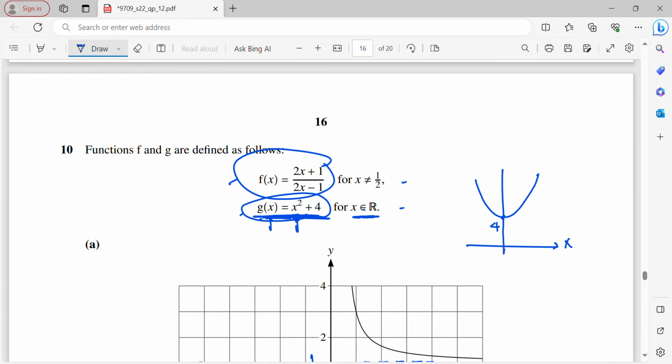This is x, this is your g(x), this is the y-axis. So for this domain, obviously it is not a one-to-one function, because when you draw a horizontal line parallel to the x-axis, it has 2 intersection points. That's the reason the g inverse does not exist.